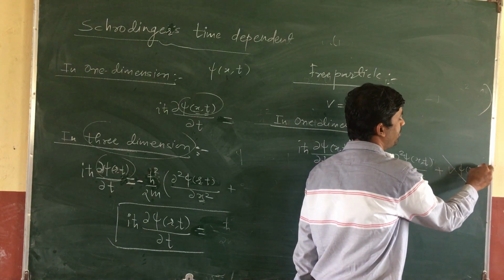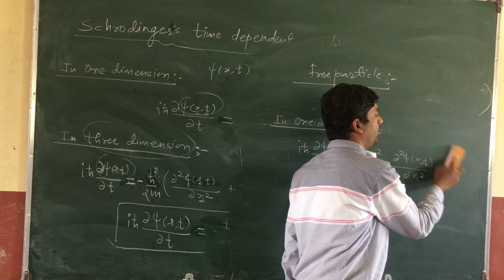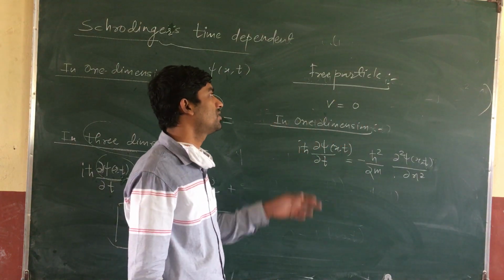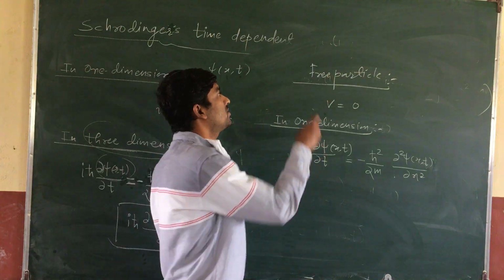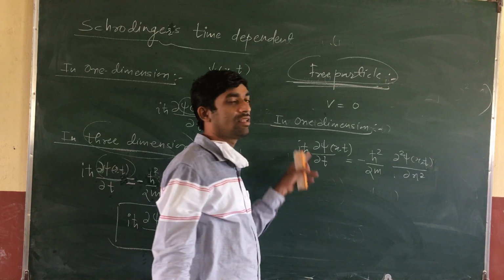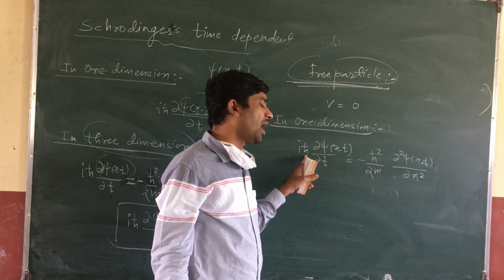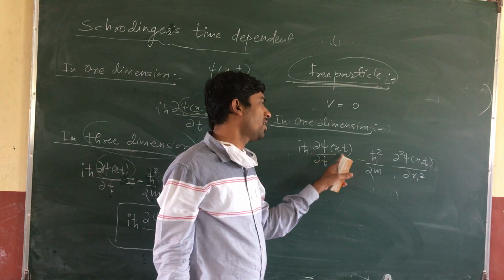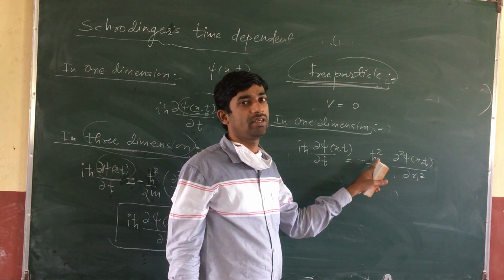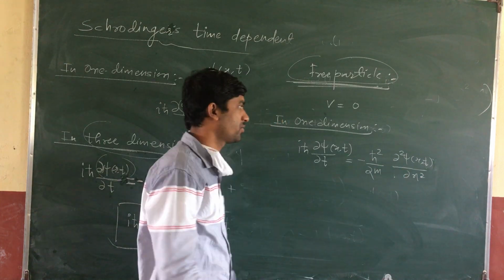Zero multiplied by anything is 0, so this term will not be there. So this is for a free particle. For a free particle, the Schrödinger's time dependent equation in one dimension is iħ ∂ψ(x,t)/∂t equals minus ħ² divided by 2m ∂²ψ/∂x².